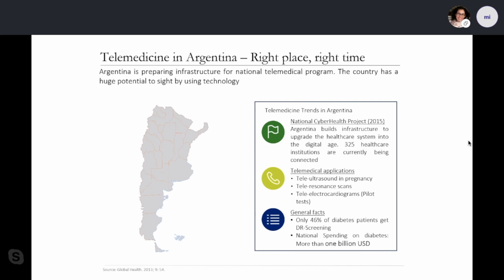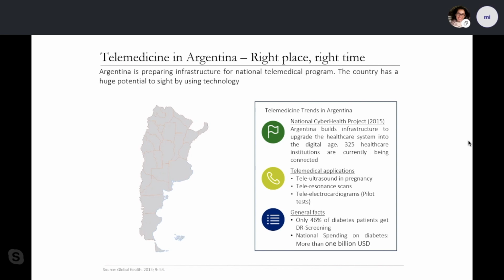The general fact is that only 46% of diabetic patients get DR screening. On the other hand, 100% of patients get an ID. So when they get an ID or a driver's license, we can take a picture there, and we get the opportunity to diagnose early signs of diabetic retinopathy.